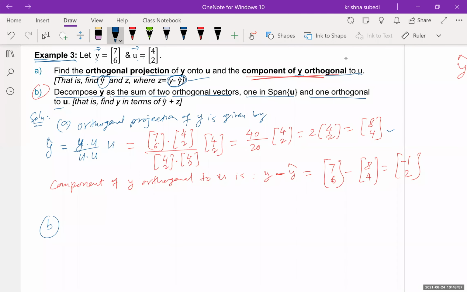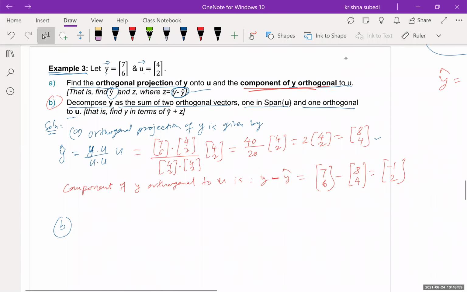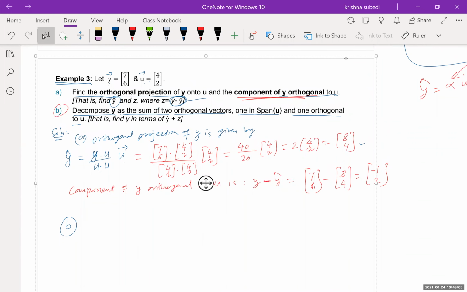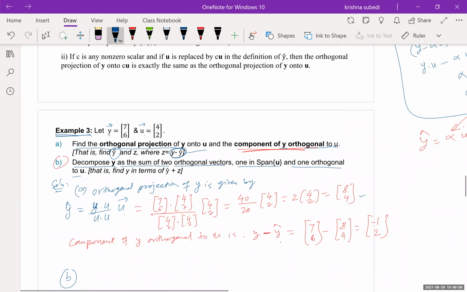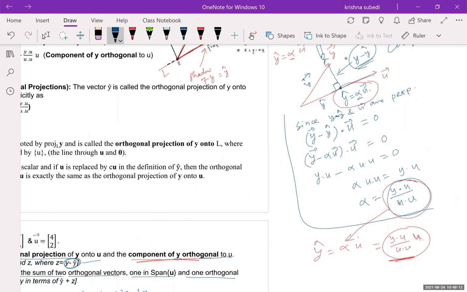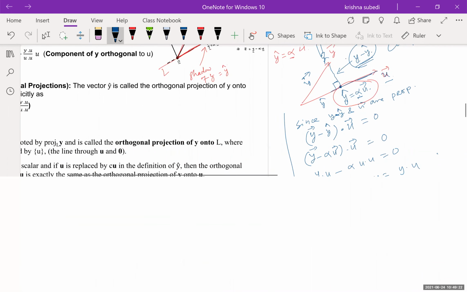Y hat means it is a vector in the direction of u, and this y minus y hat is a vector perpendicular to u. Look at the picture as we have seen earlier. Y hat is a vector in the direction of u, but y minus y hat is a vector perpendicular to u.